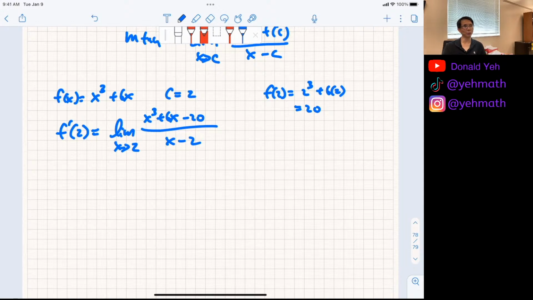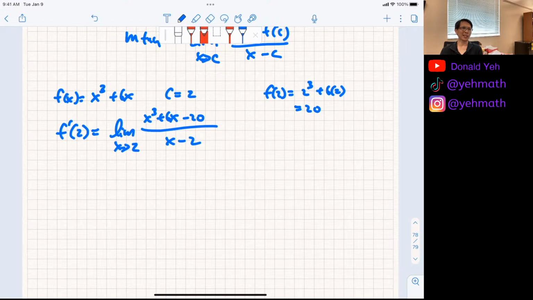What happens if you plug in 2? Zero over 0, you're right. If it's 0 over 0, it means what? Do math.